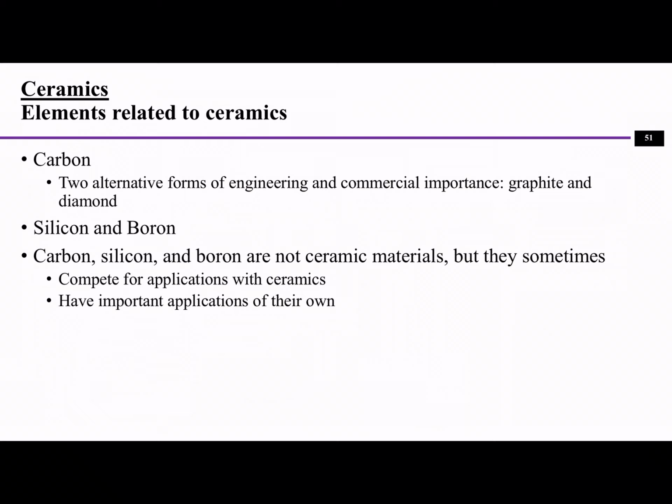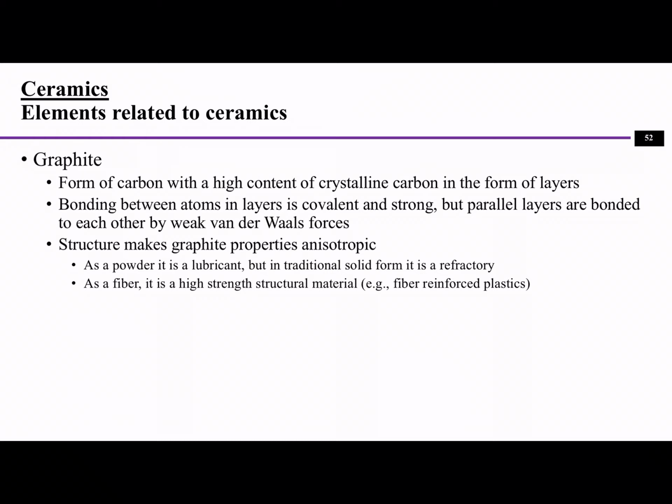Some other elements related to ceramics include carbon, silicon, and also boron. For carbon, there are two different alternative forms of engineering and commercial importance: graphite and diamond. Now let's look at carbon. So graphite. Graphite is a form of carbon with a high content of crystalline carbon in the form of layers.